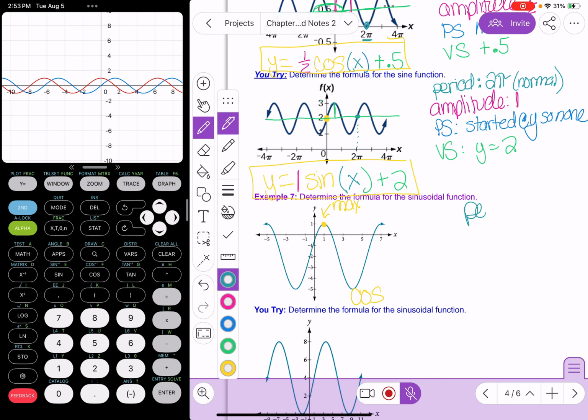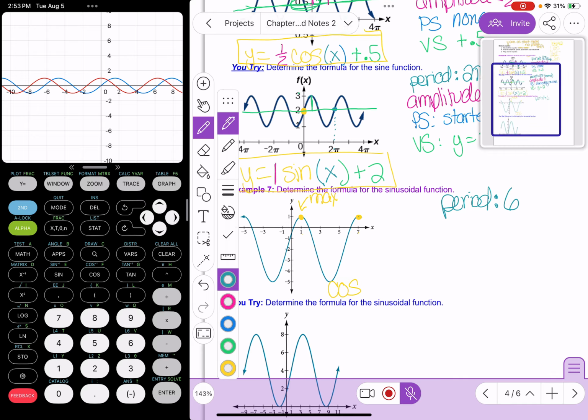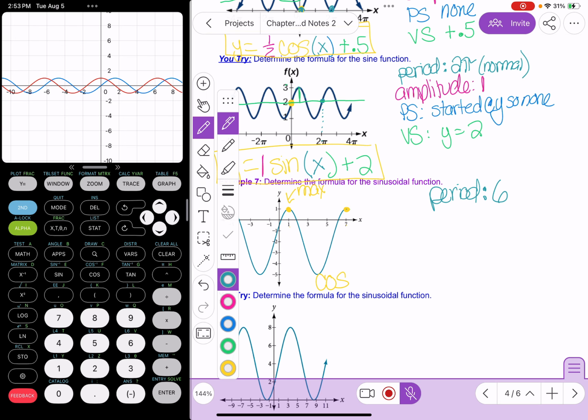So now let's do our period. So for cosine, we go from max to max, which means we go from 1 to 7. So our period is 6. To get the period from the equation, we did 2 pi divided by the number in front. So we have to do this in front of the x.